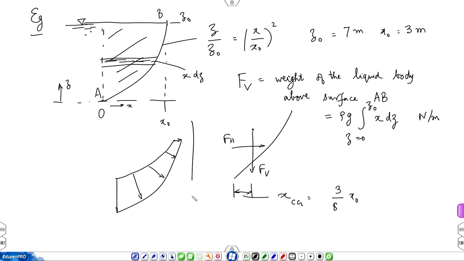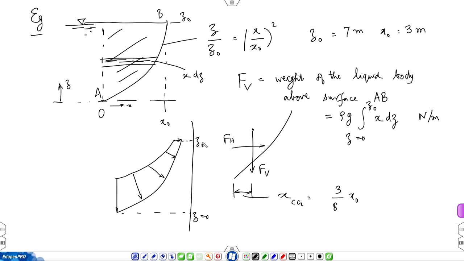So, for that you project the gate that has the shape of a parabola onto a vertical line, and then on that line you have pressure variation from the base to the top. It's a linear variation.